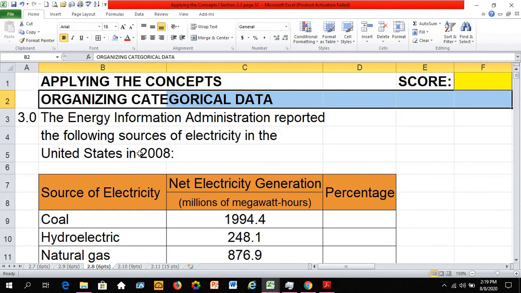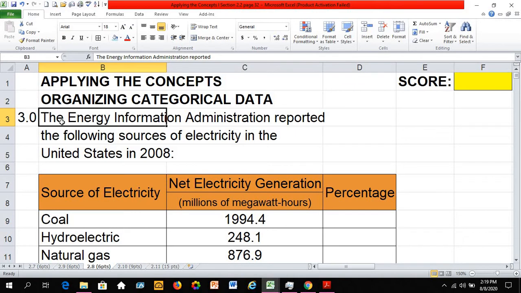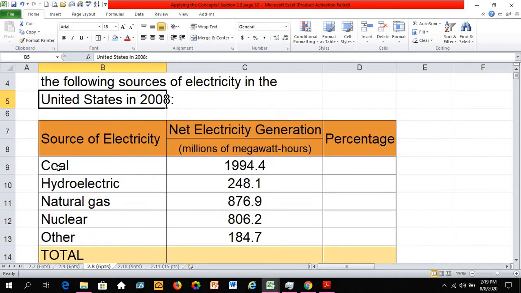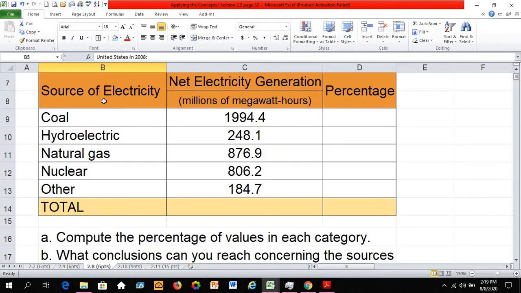Next, number 3. The Energy Information Administration reported the following sources of electricity in the US in 2008. So we have here the table. This is our data. Okay, so we have sources of electricity: coal, hydroelectric, natural gas, nuclear, and others.